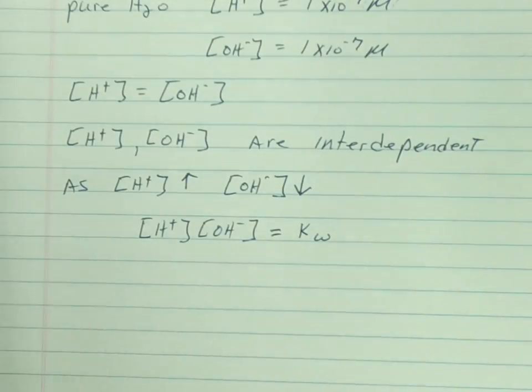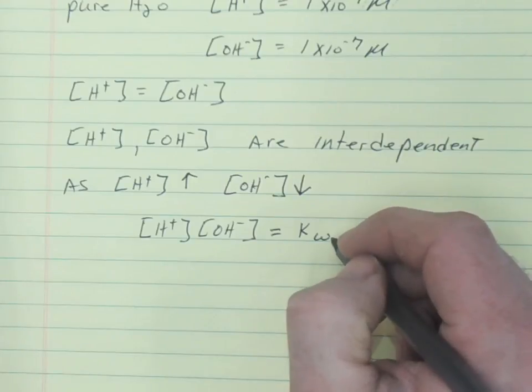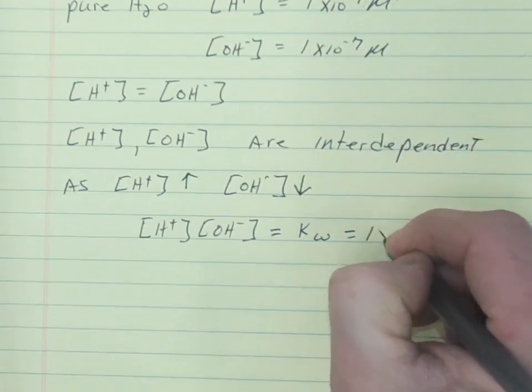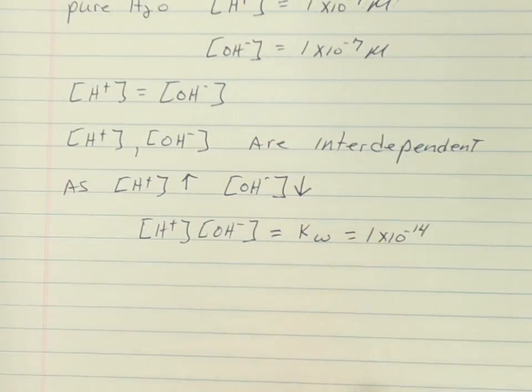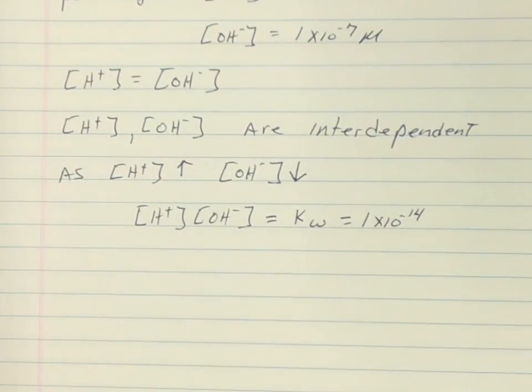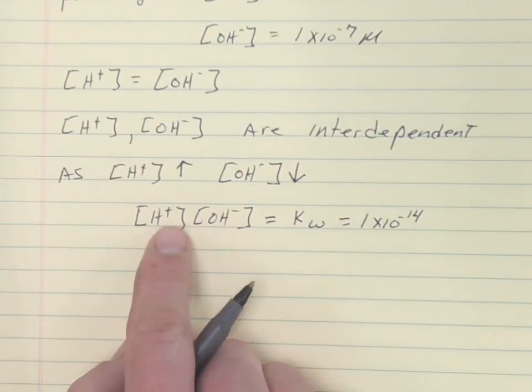H plus times OH negative is equal to Kw, and Kw is given a value of 1 times 10 to the negative 14th. So H plus times OH negative is equal to Kw, equaling this value of 1 times 10 to the negative 14th. This has no unit, but these are going to both be in molarity.